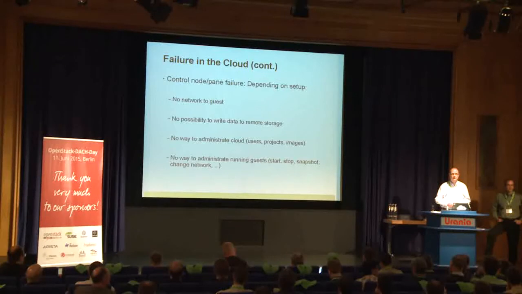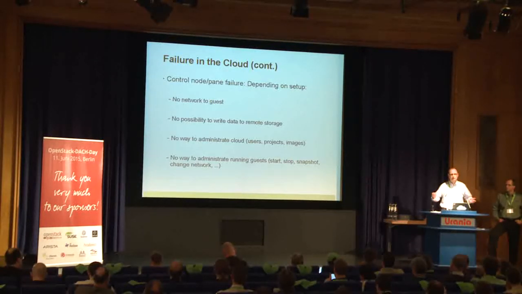What we have to control, and what we have to really make sure is available, are all the OpenStack services. Because if your control plane fails, you still have running guests, but your network will be broken. So you may be happy that your compute node is running, but the user can't access your service, and he will not be happy about it.